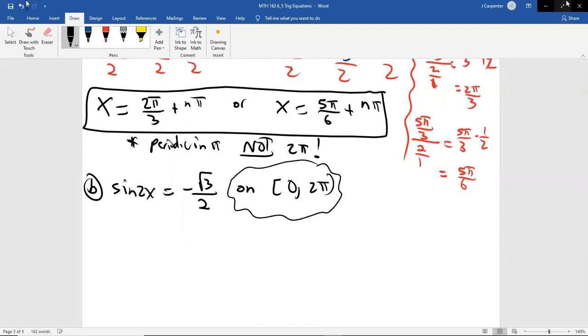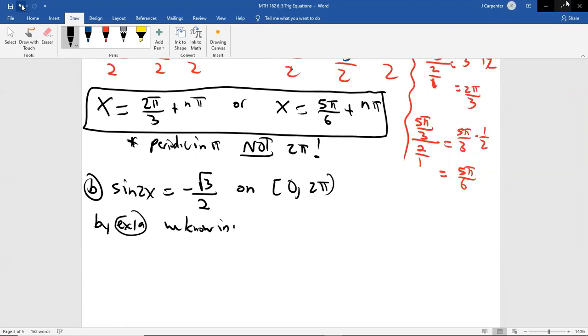So if I were to do this on a test, what you could do is just say, by example 1A, or by problem 14 on the test, we know the solutions in general are x equals 2 pi over 3 plus n pi, not 2n pi.